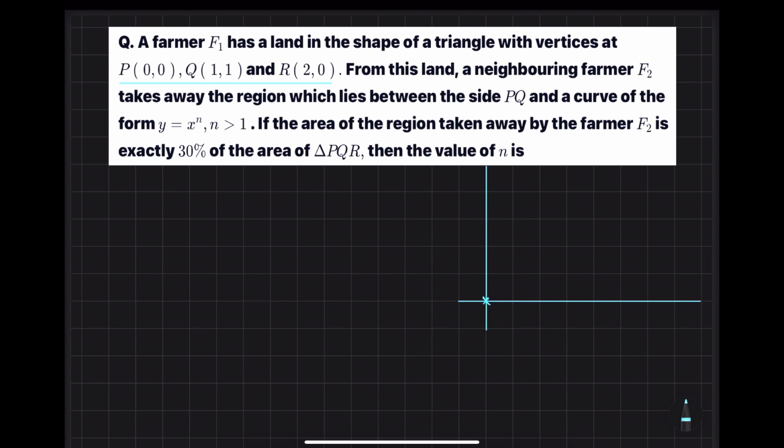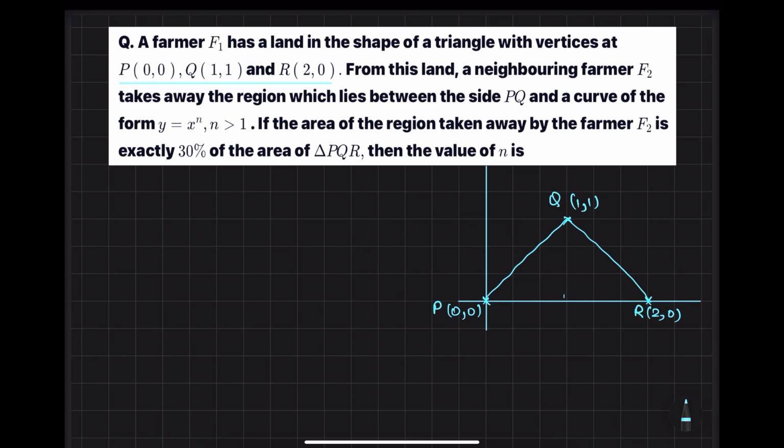Then it is 2, 0. And we have 1, 1, sorry. Okay, so we got our points done. So we have P, we have Q, we have R.